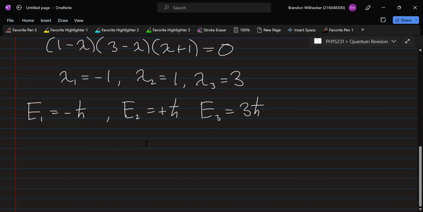Okay, so now that we've got our eigenvalues, we can then find the eigenvectors or the eigenstates. So let's begin with lambda 1 is minus 1.